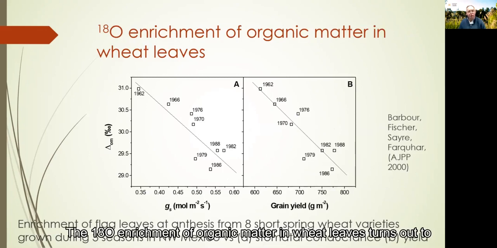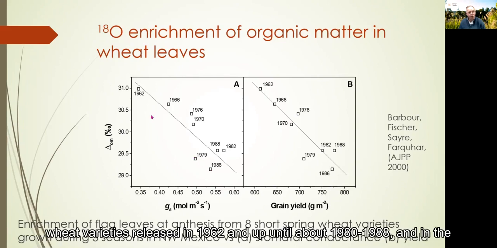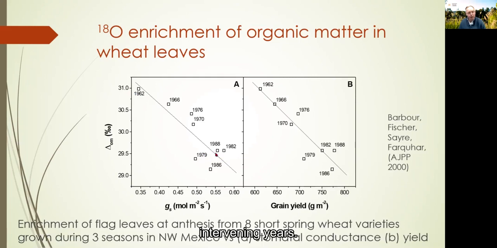The 18O enrichment of organic matter in wheat leaves turns out to have some practical use. These diagrams show the result of a comparison made at CIMMYT in Mexico of wheat varieties released in 1962 and up until about 1988 and the intervening years.